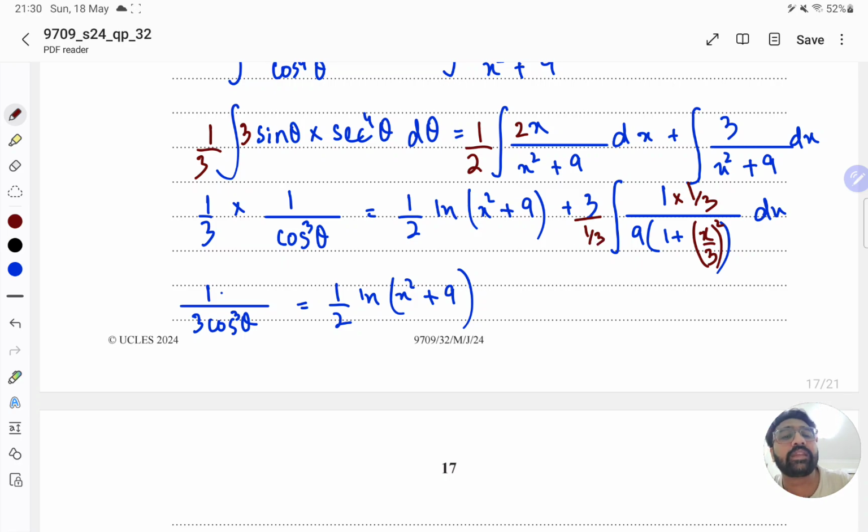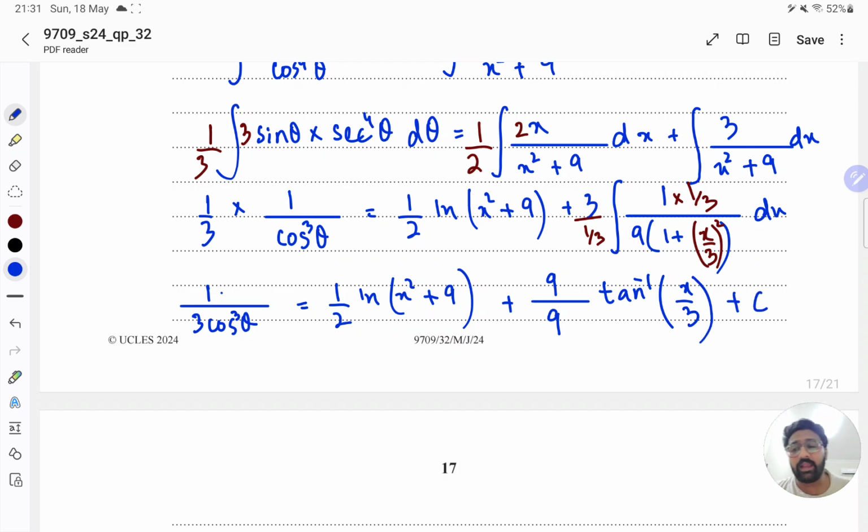This 3 in the denominator is going to go in the numerator, and it will become 9 divided by 9. The 9 that is inside is going to come outside. So I can write down the integration of this directly, which is going to be tan inverse of x by 3. And since that's the integration, I'll add a constant in the end as well.